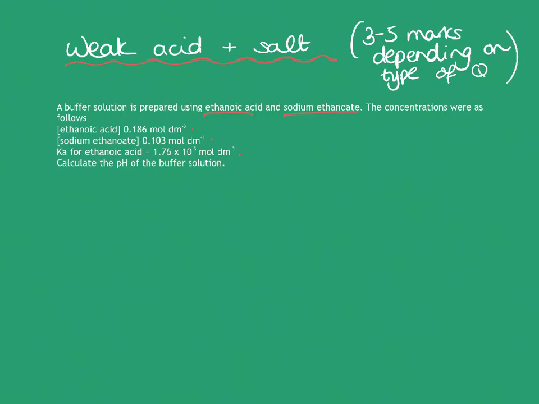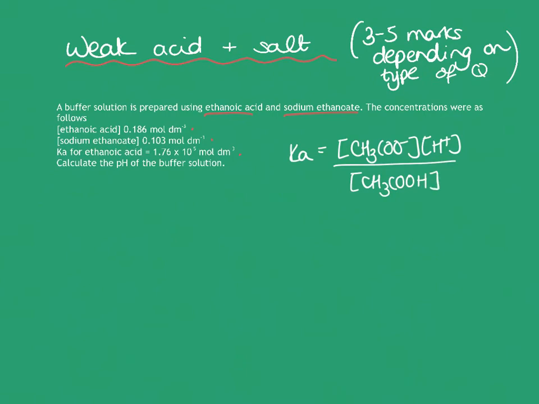So let's write the Ka expression. So we've got Ka is equal to the concentration of the ions in our ethanoic acid over the concentration of the acid.